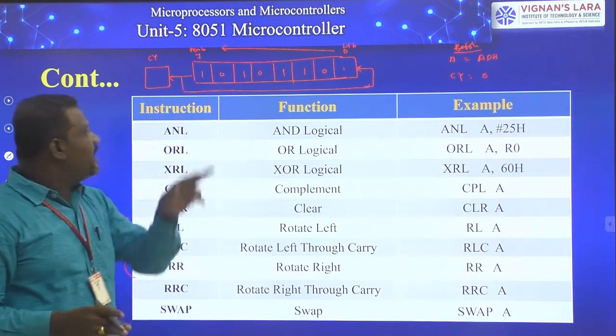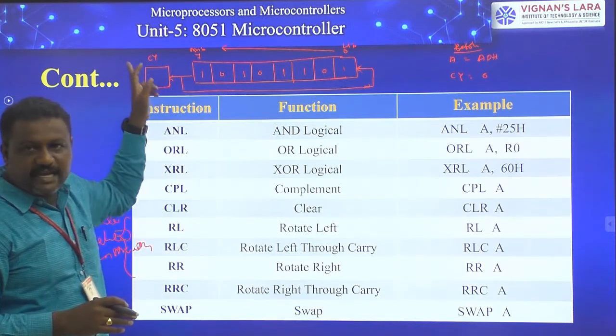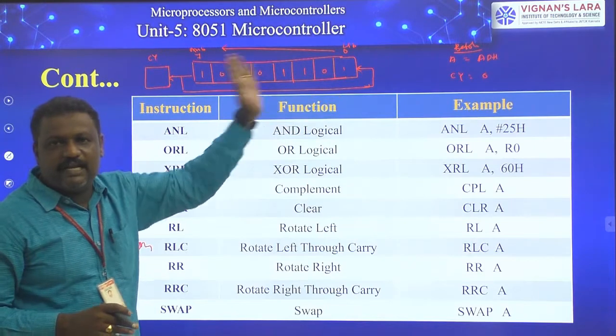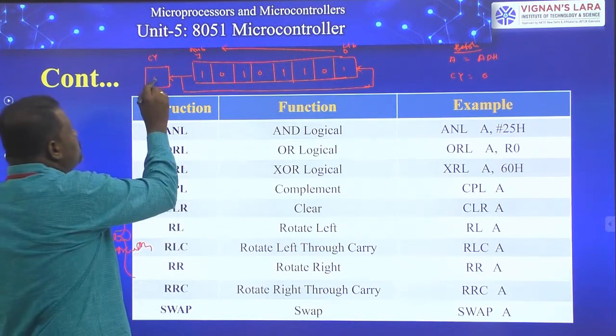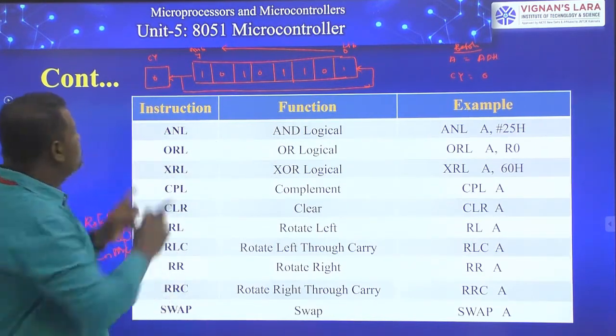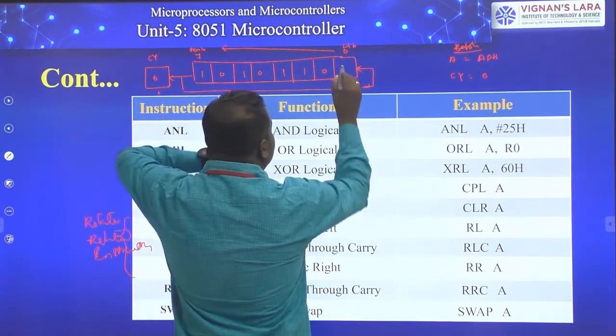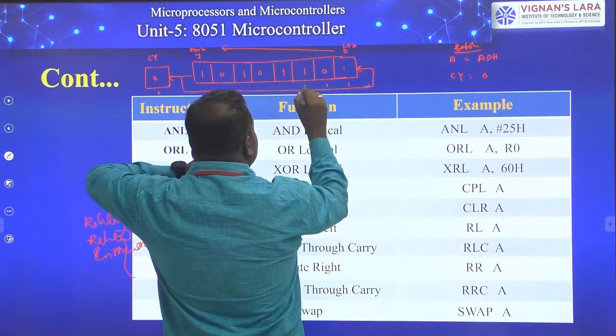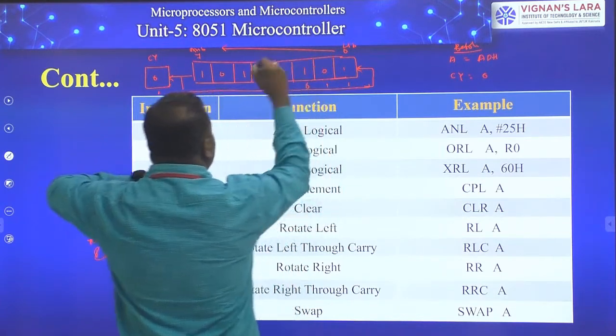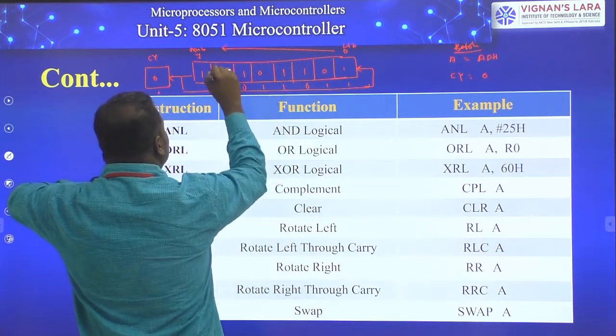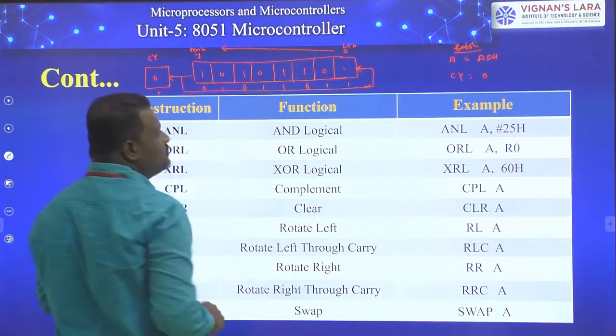In that process, the MSB bit goes to carry as well as to LSB. Initially carry value was 0. Now this bit is moved to here, the same one also moved to here, and the remaining bits shifted one place to the left.